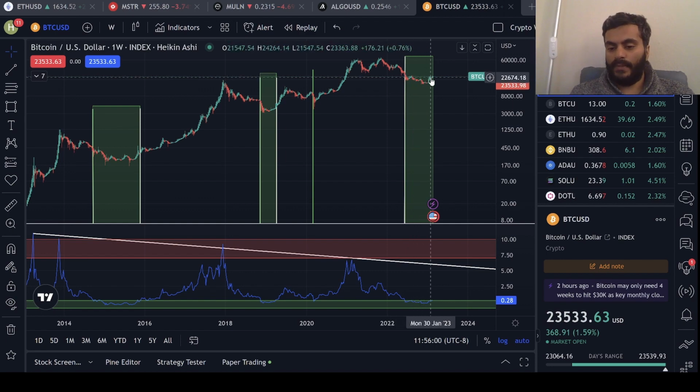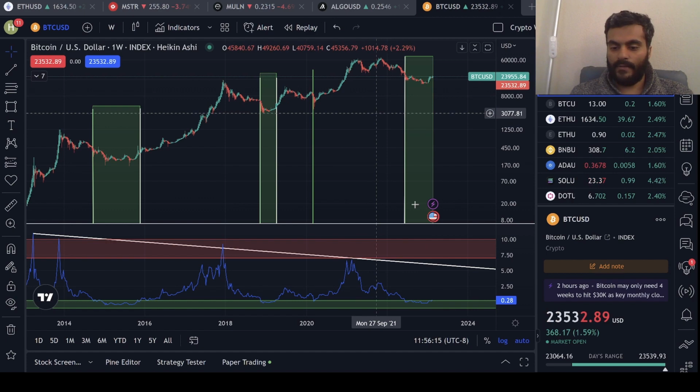And up until recently, the price of Bitcoin corresponded to a Z-score which was considered to be undervalued. So I just wanted to provide you an update on that, and we will keep on tracking this progress.